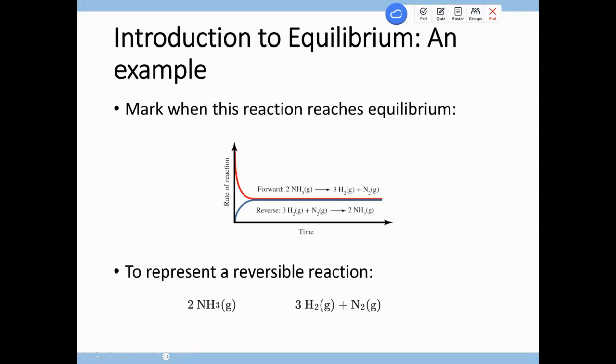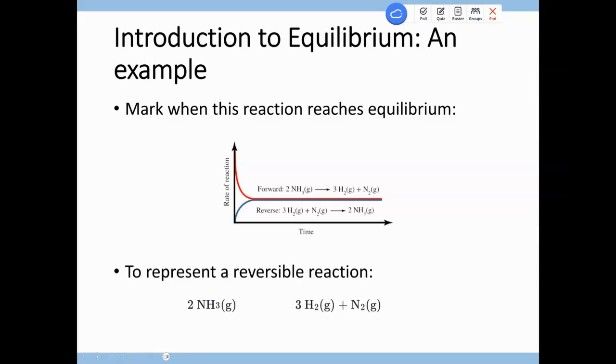Looking at this graph, we initially start with a high rate of reaction for the forward reaction because we're starting with NH3. If we have a high concentration of NH3, the reactant, at the start of the reaction, then the reaction goes quicker. We learned last chapter that as reactant is used up, the reaction rate decreases. So the reaction rate decreases over time until it reaches a certain point and then remains constant.